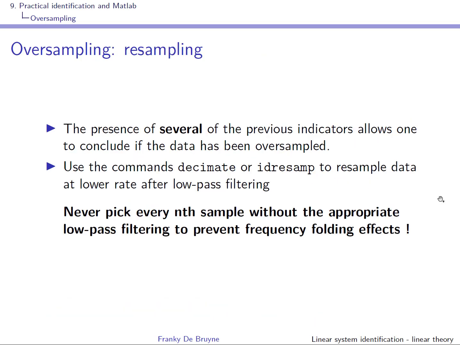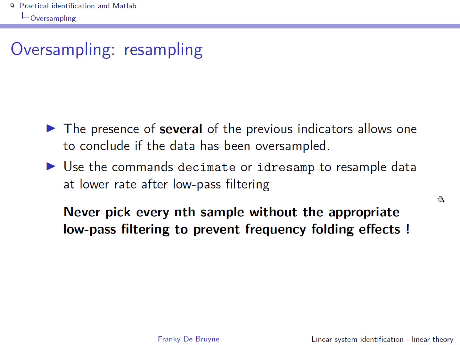In general, you'll have the presence of several of the previous indicators, and this will allow you to conclude if the data has been oversampled or not. So in your lab report, I would like you to really motivate if the data is oversampled or not.